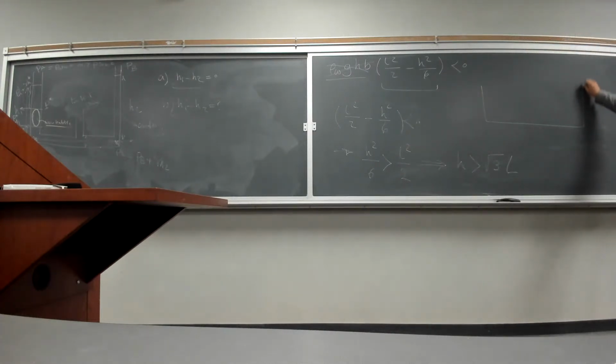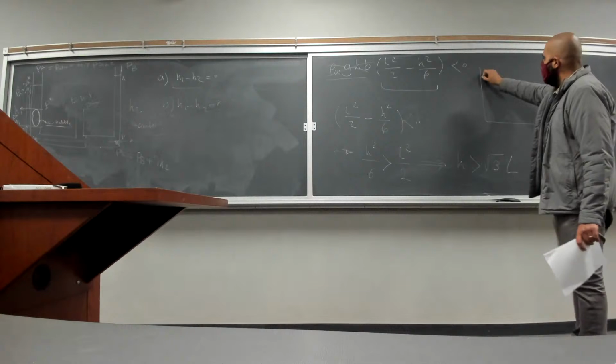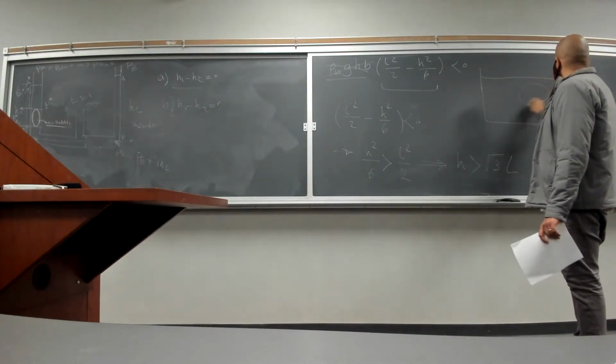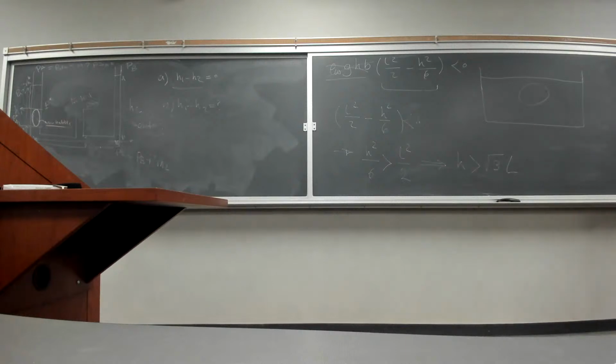Let's go back to this discussion we had earlier. What are the forces, or what is the force that a fluid exerts on an object that is immersed in that fluid? What did we call that force?